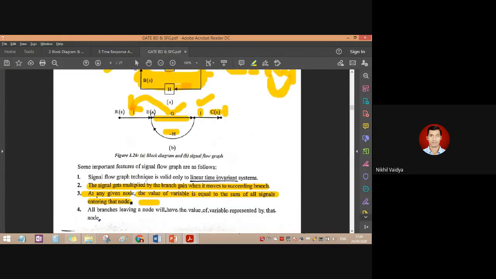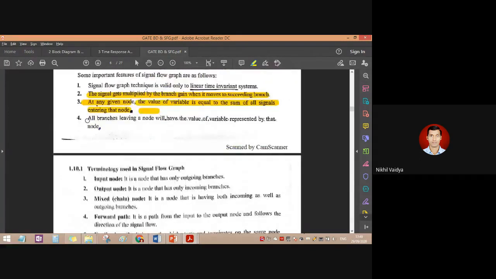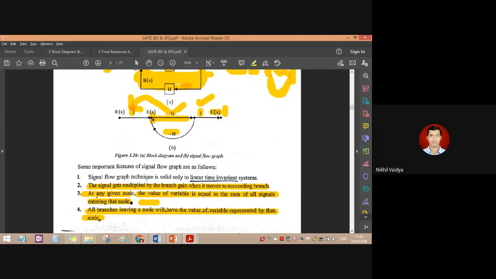Whatever summing is done here can be considered as the addition of incoming signals. All the branches leaving a node will have the value of the variable represented by that node.